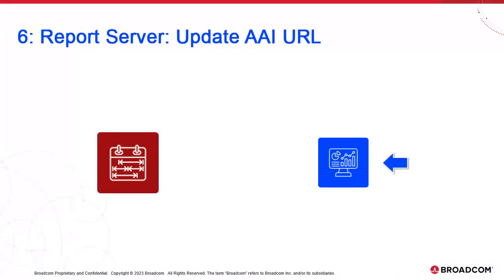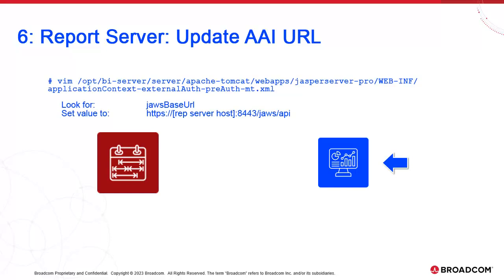On the report server, we update Tomcat, specifically the application context file, which the report server uses to connect to AAI. The URL is currently set to HTTP and the 8080 port, if defaults were used in the initial install. We change to HTTPS and set the port to 8443. We also set the web app to JAWS. Then we restart the report server for these updates to take effect.